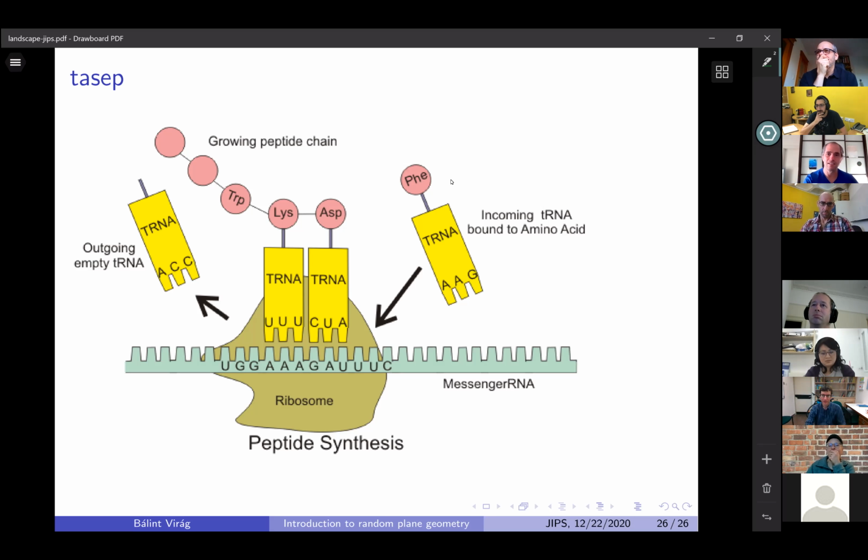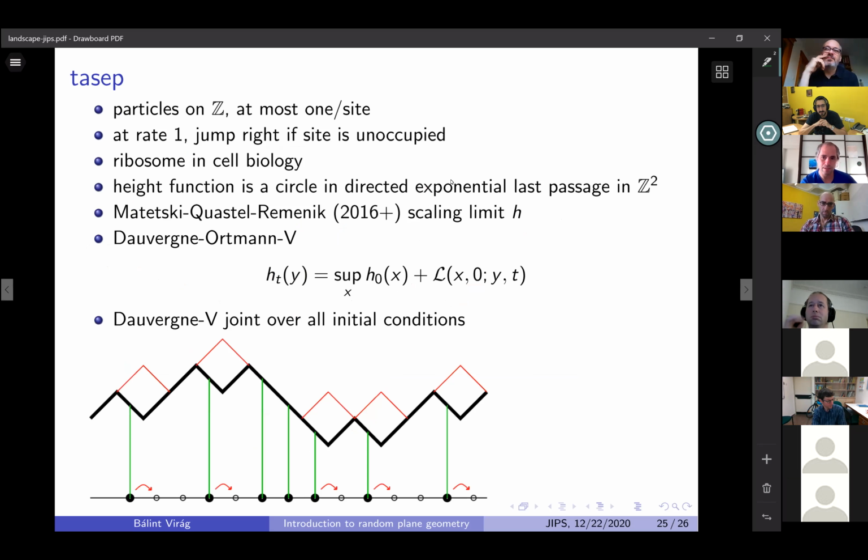Balint, if possible, can I ask a question? Yes. Is there a way to embed the corner process in random matrices into your two-point geodesic? So if you take the Brownian motion matrix, you get a marginal, which is Airy.